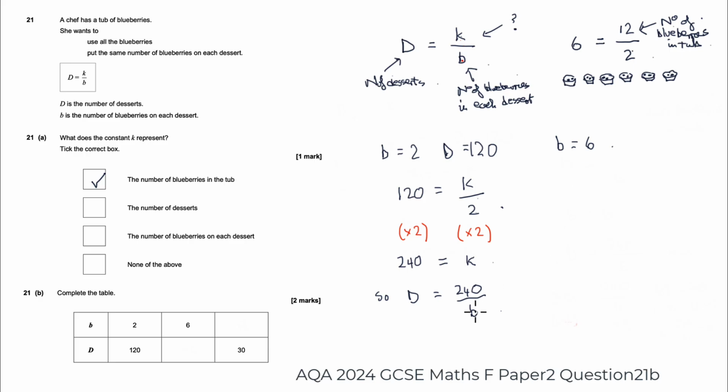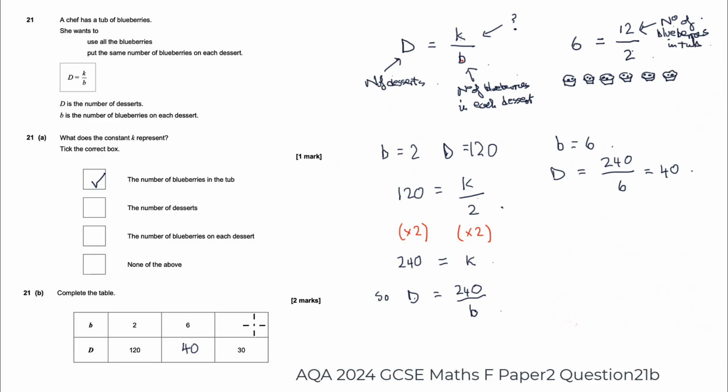And let's put B equals 6 in this, and we should be able to work out what D is equal to. 240 divided by 6. And you do have calculators, so the answer to that would be 40. In other words, we've got 240 blueberries in the tub. Each dessert has 6 blueberries in it. That means we can have 40 desserts.